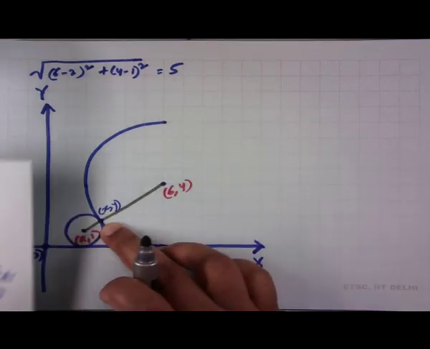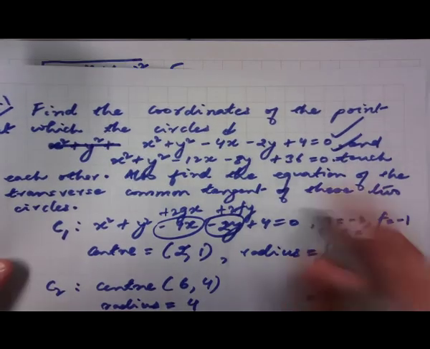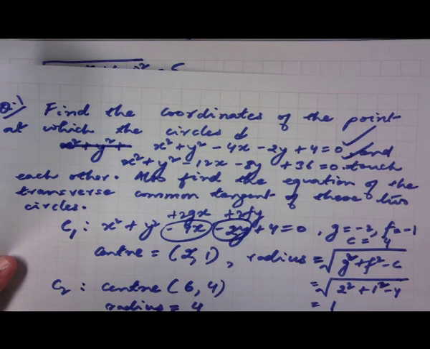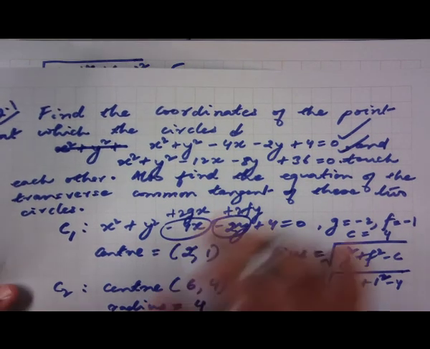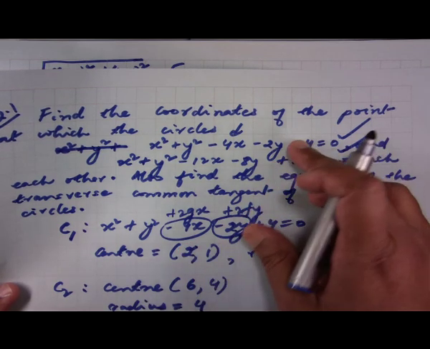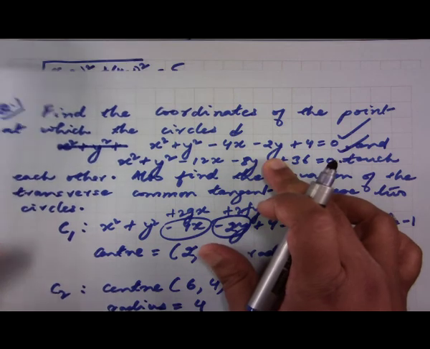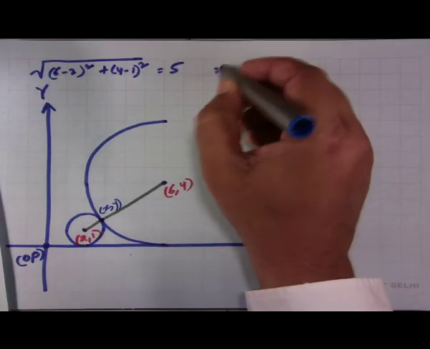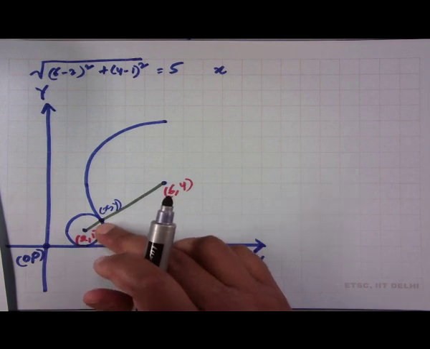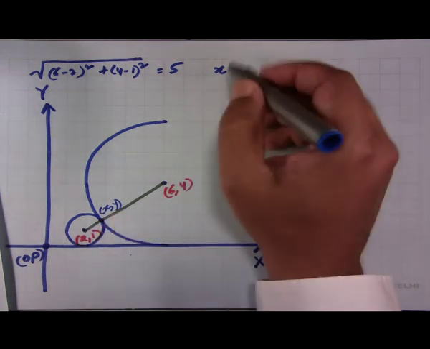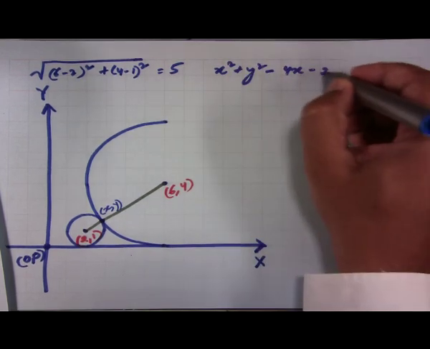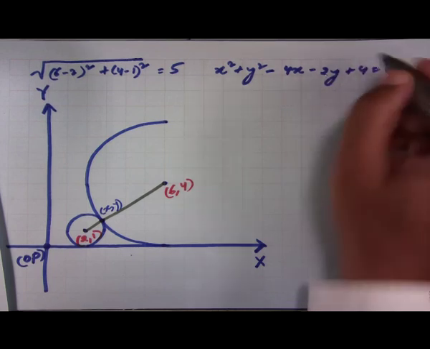Then it is clear that this x and y must satisfy both these equations, because this point lies on both the circles, and since it has to satisfy both the equations, it must satisfy the difference of the equations also. So what I mean to say is that the coordinates of the point of contact, x and y, must satisfy the equations of the two circles, which are as follows.